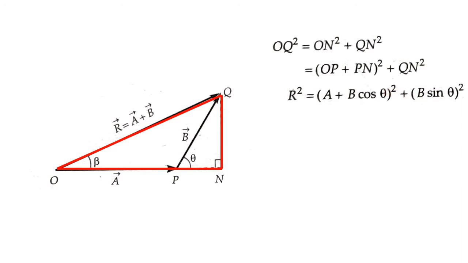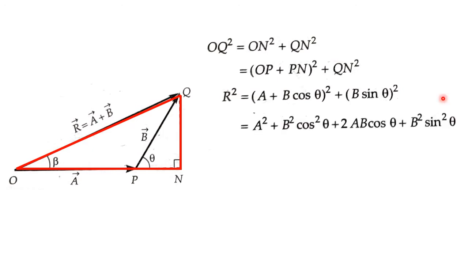Now we'll open up the bracket. So, if I open this one, I can write A square plus B square cos square theta plus twice of AB cos theta, and this one B square sin square theta. Here B square and B square are two terms common, then I can write A square plus B square common, cos square theta plus sin square theta remaining, plus twice of AB cos theta.